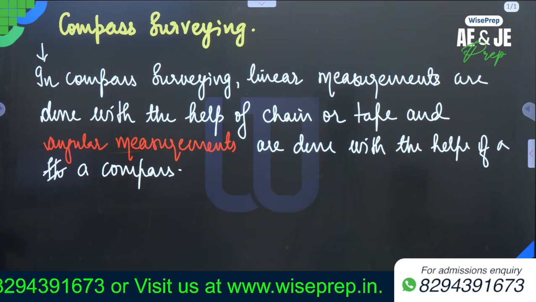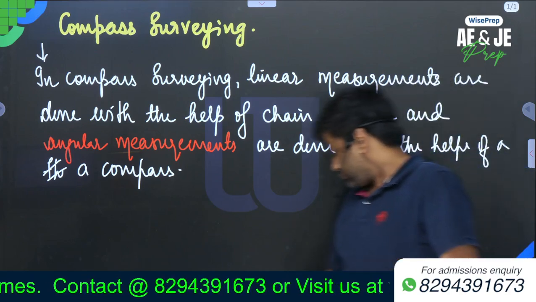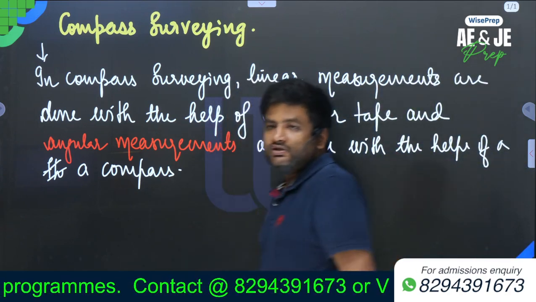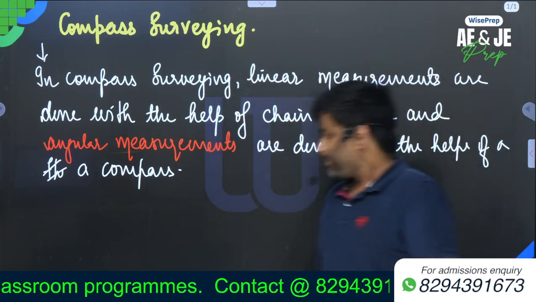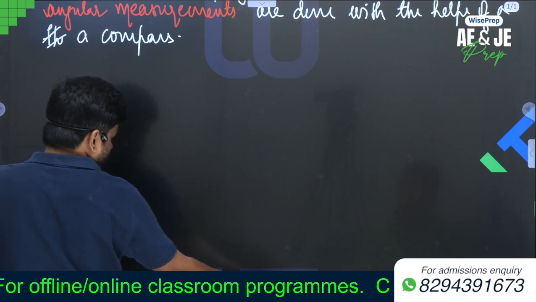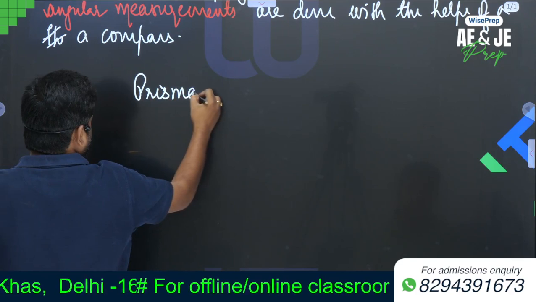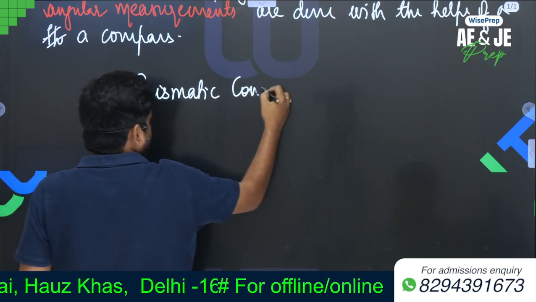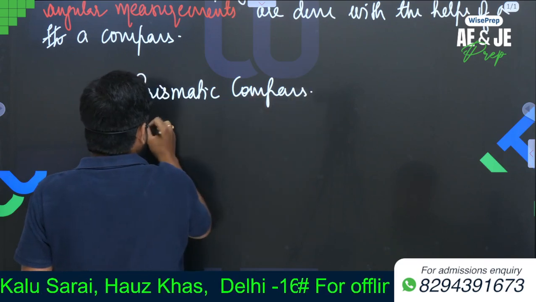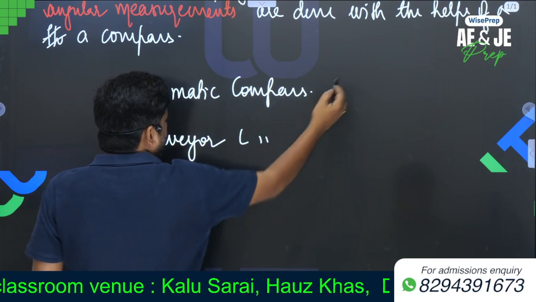First is prismatic compass, and another is surveyor compass.